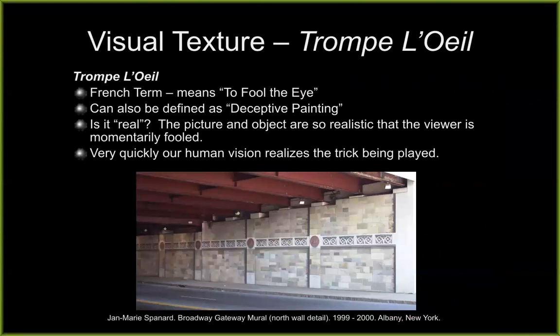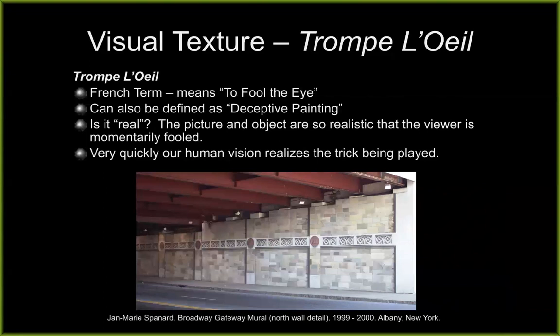I can't roll my R's very well, but trompe-l'œil is the French term that means to fool the eye. And here is an example of a very well done bridge overpass, and it has a painting along the wall.